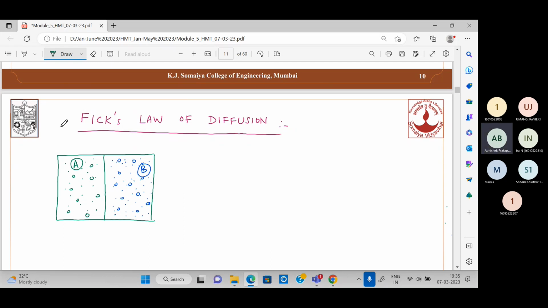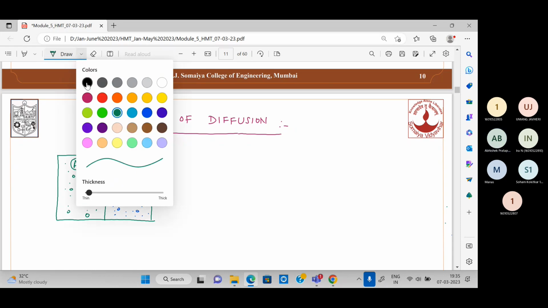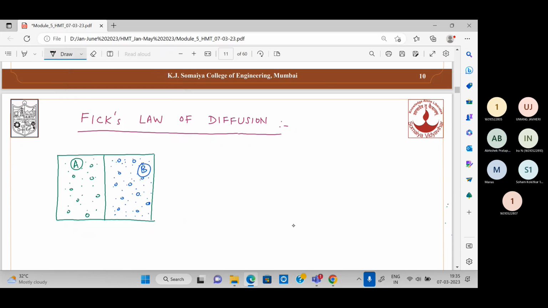We will talk about this concentration, this concentration level. So we'll plot a graph. This is the graph between the concentration.